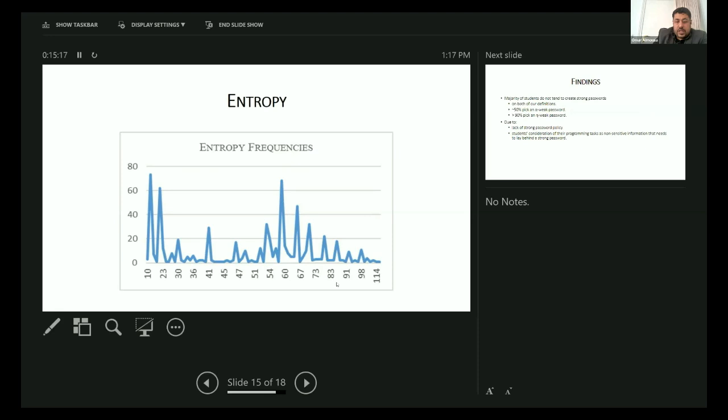So 80 and above, those are the 9% only, and the others are in this range. This is very telling also. This very huge percentage, maybe above 20%, 30%, is less than almost 25 bits of entropy, which is not very good.